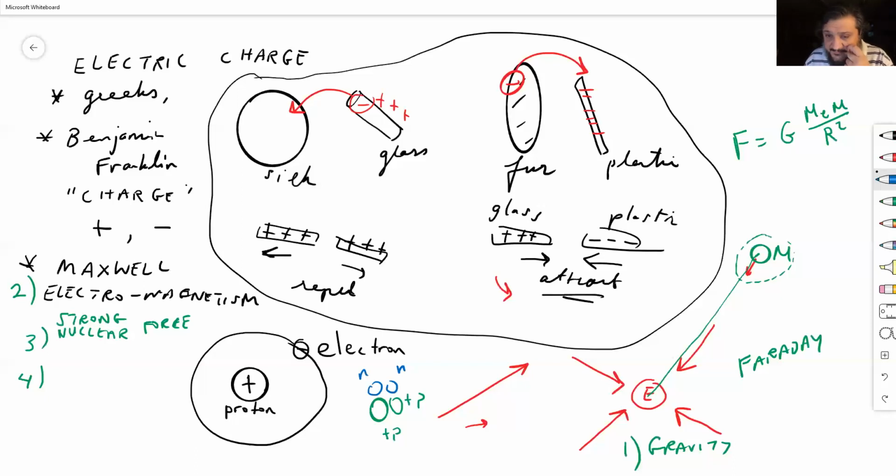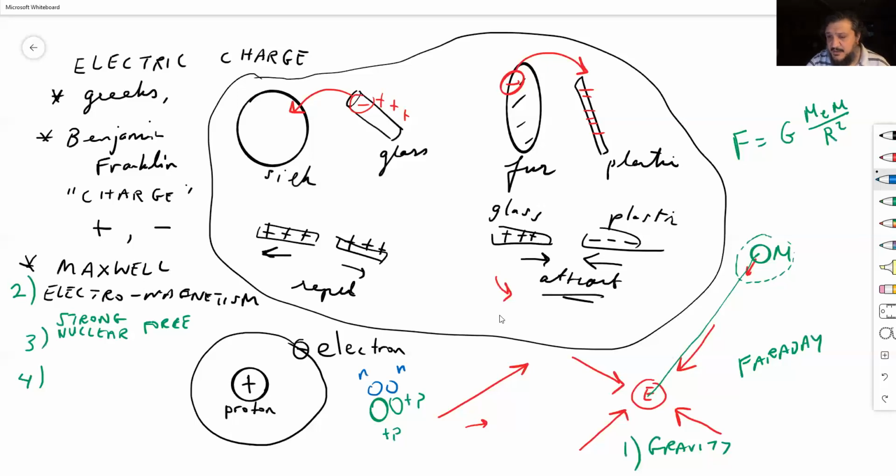And if you're wondering where does it come from, then you have to dig into the structure of protons. Protons are not the smallest particles, okay? Just like an atom is made of protons, neutrons, and electrons, both neutrons and protons are also made of smaller particles, which we call quarks.